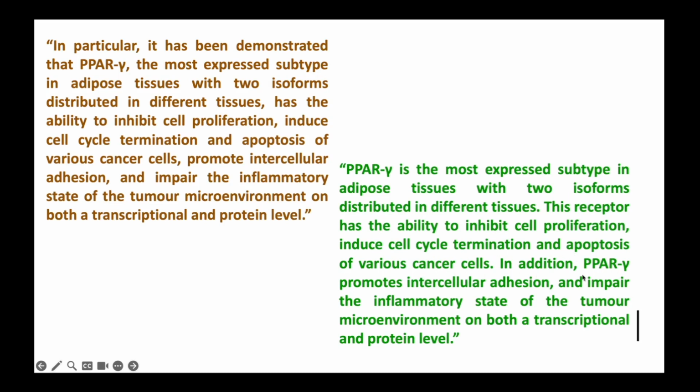In addition, PPAR gamma promotes intercellular adhesion and impairs the inflammatory state of the tumor microenvironment on both a transcriptional and protein level. This is much simpler than the earlier one. The entire sentence was very complex, and you cannot write a sentence with such a lengthy phrase, so the best way to write it would be this one.